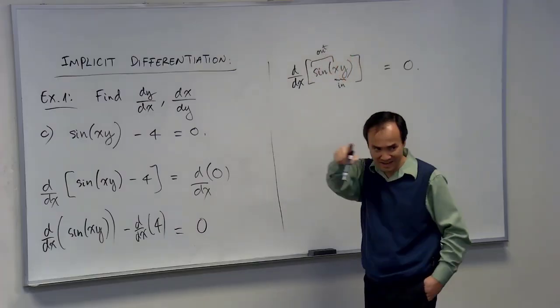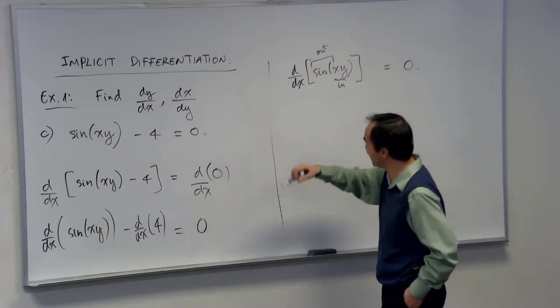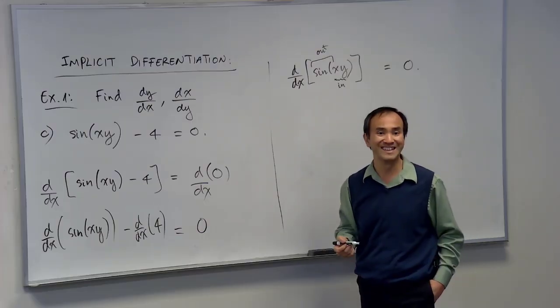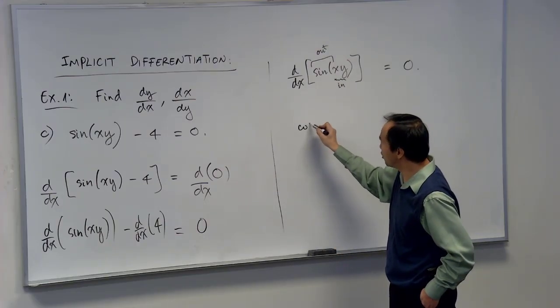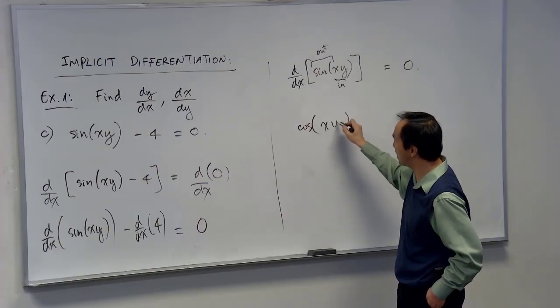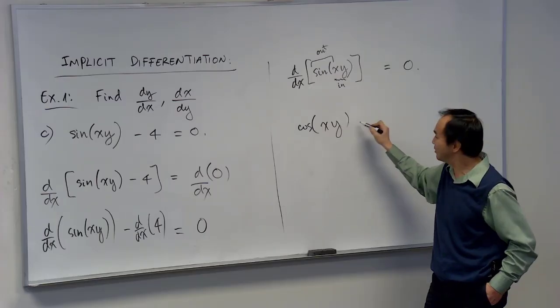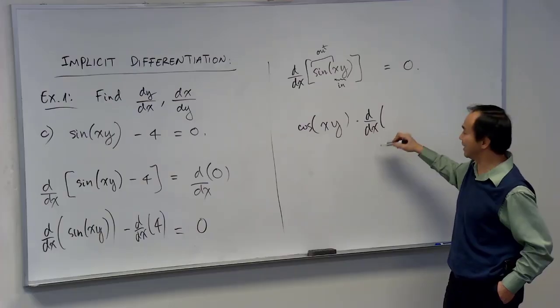So now I ask you to recognize that for a reason. The chain rule says, what's the derivative of the sine function? Cosine, right? So the derivative of the outer function gives me cosine of the whole setup. xy stays in there. That's the derivative of the outside function. But we need to multiply with the derivative of the inside, which we haven't done yet.